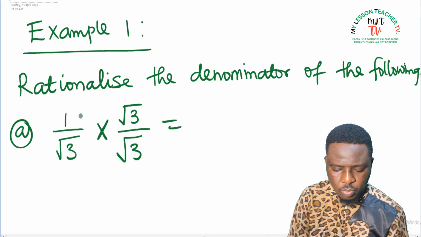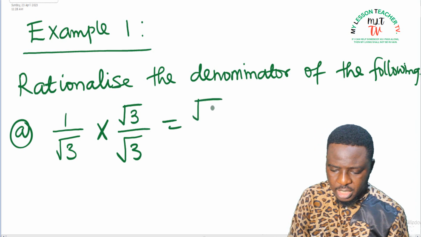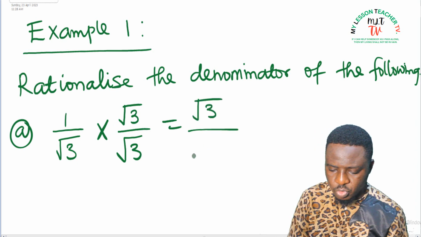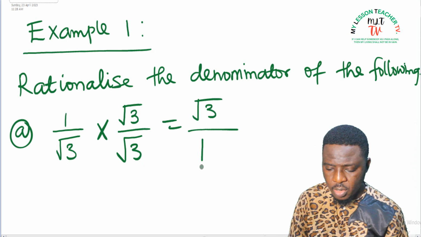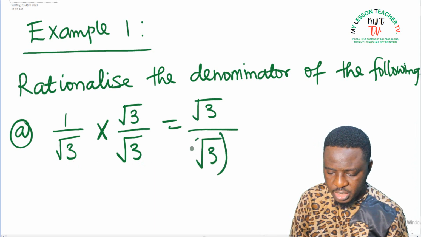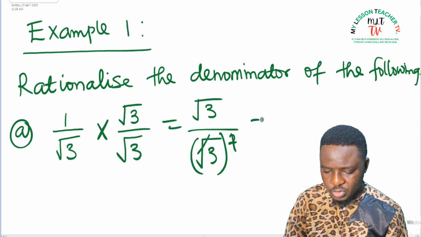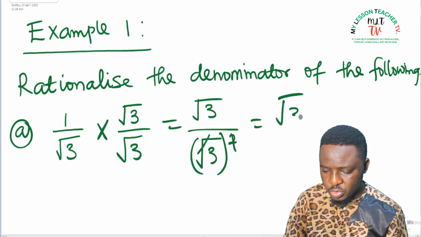So when you do this, 1 times root 3 gives you root 3, while root 3 times root 3, you may call it root 9, or you may say root 3 squared, of which the square of a square root is still that number. So this is equal to root 3 over 3.